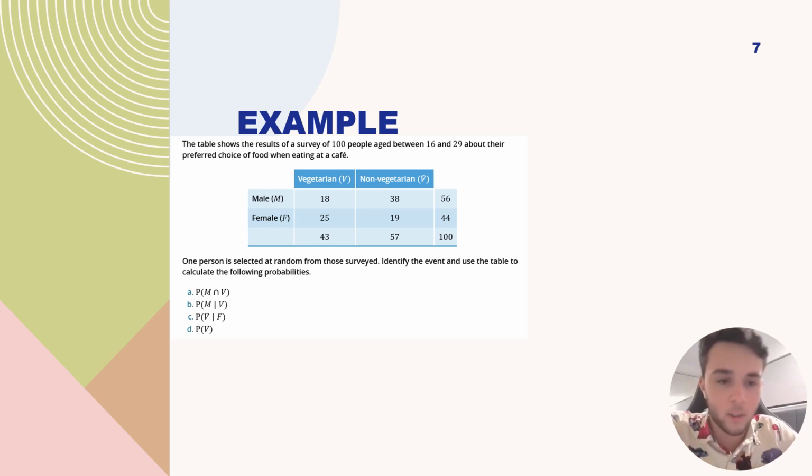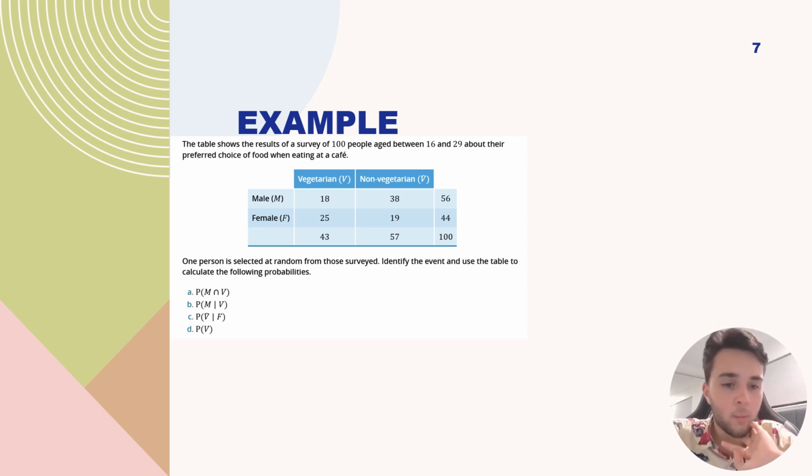Okay, I've got an example question here for you. The table shows the results of 100 people aged between 16 and 29 about their preferred choice of food when eating at a cafe, that being vegetarian or non-vegetarian options. So the probability of male and vegetarian, right?